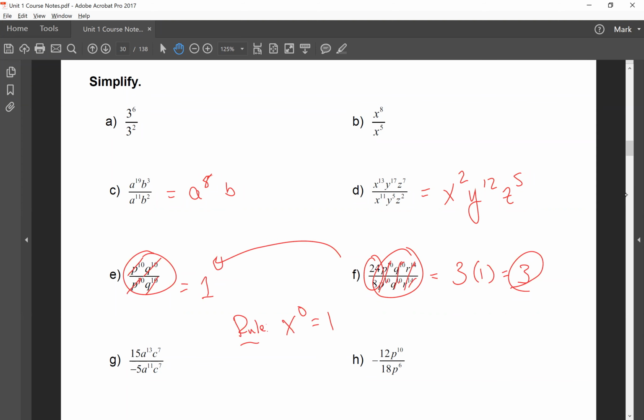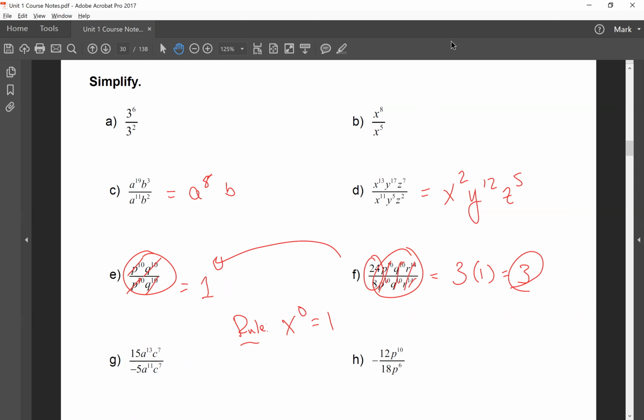You can try that on your calculator if you don't believe me. You should believe me, but well, maybe not always, but put any number you want in your calculator, literally any number, raise it to the power of 0, it will equal 1. It's not 0. And this was a good question to practice with.